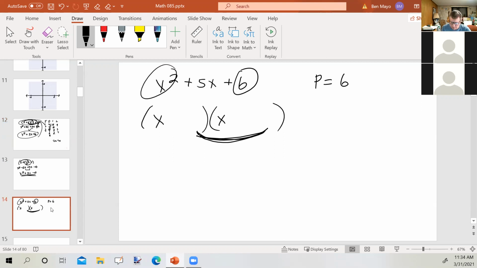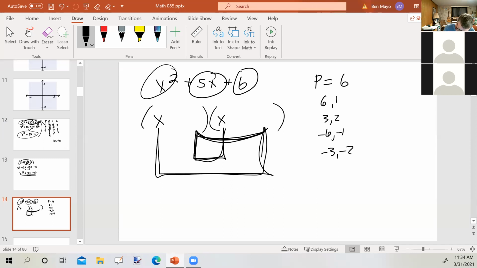Well, let's see. 6 and 1, 3 and 2, negative 6 and negative 1, negative 3 and negative 2. Those are all a pair of numbers, two numbers whose product is 6. All right, but where does this come from? Well, that comes from the inner, this times this, and the outer, that times that.